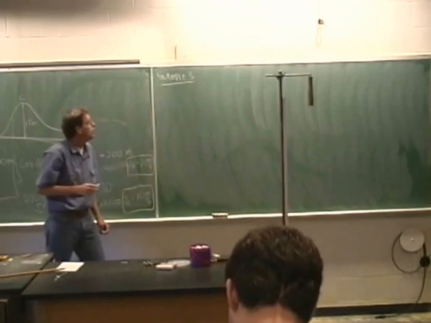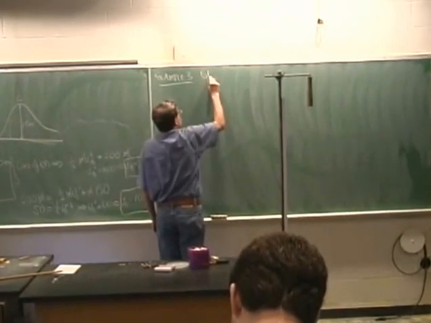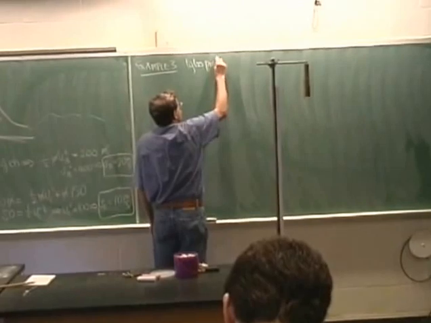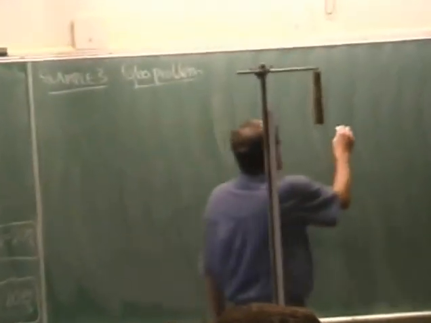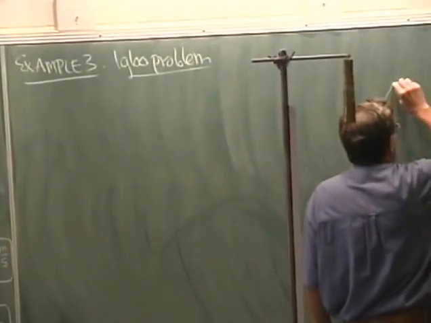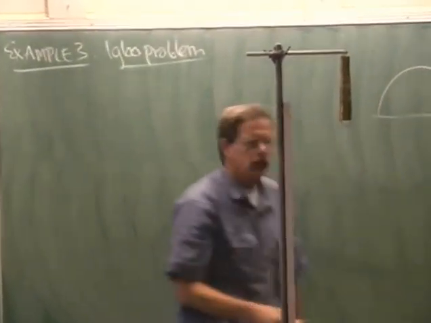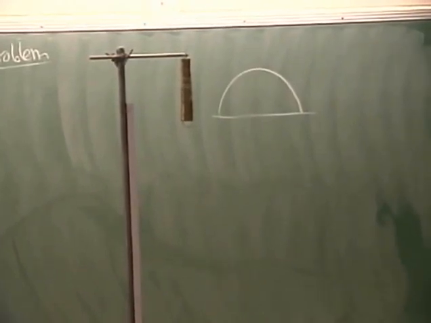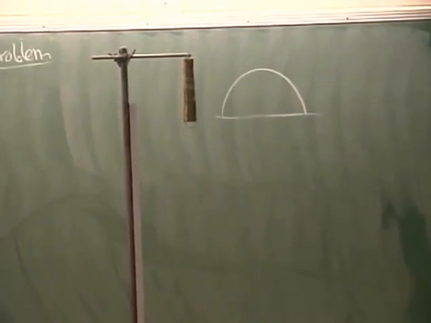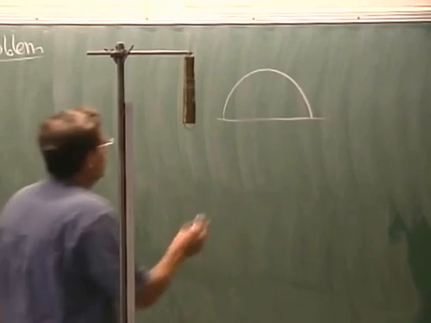Example 3. Imagine that you had some kid who's sitting on the top of an igloo. The igloo is made out of ice, so it's frictionless, and they're hemispherical. Always made them that way.